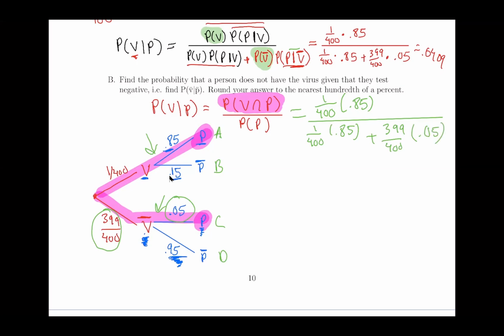And if you look at this answer and what we got when we use the formula, we got exactly the same numbers. So you could either use the tree diagram, or if you want, you could use the formula. Both of them should give you the correct answer as long as you label everything correctly. But that's it for that problem. Any question for that last problem?